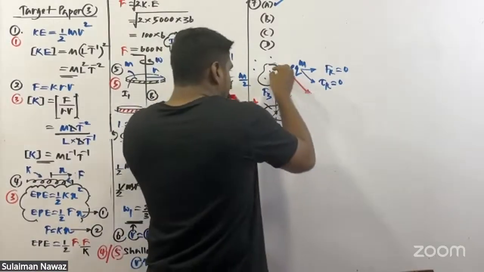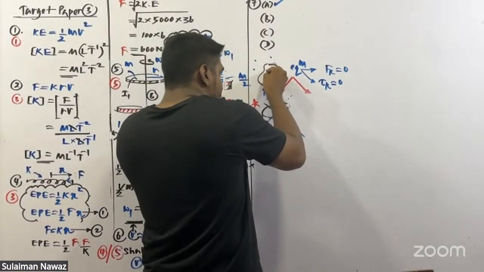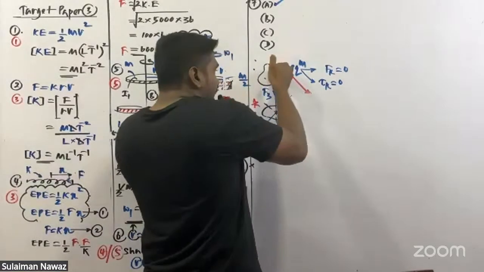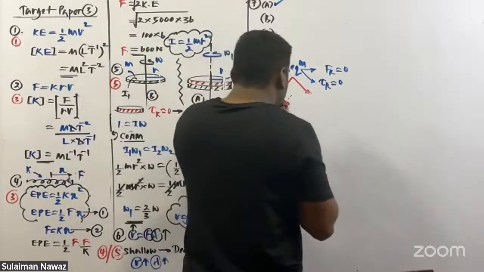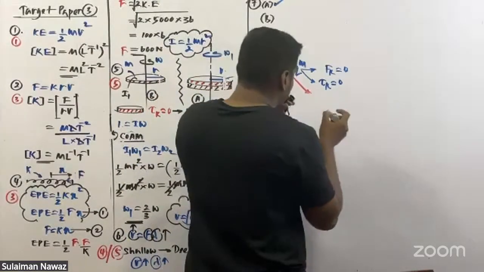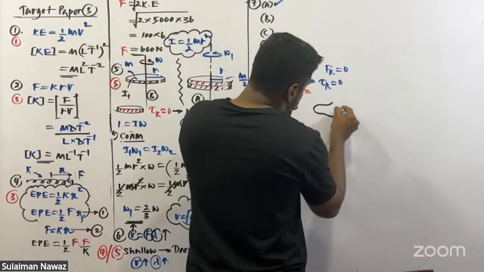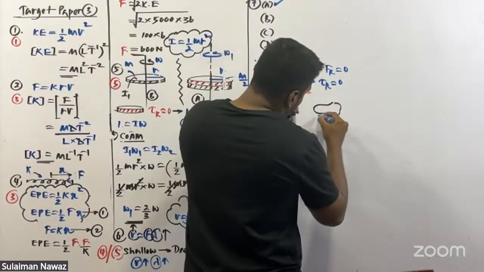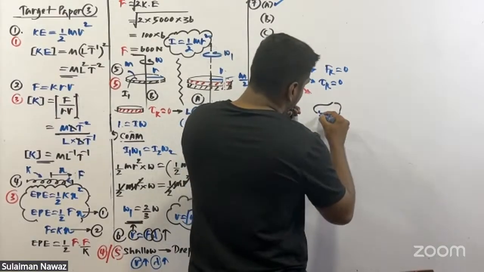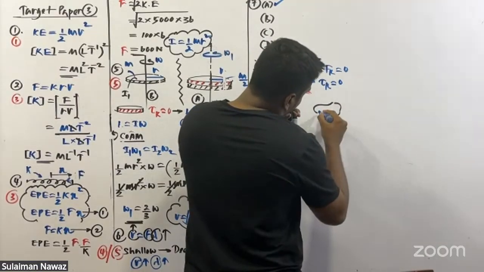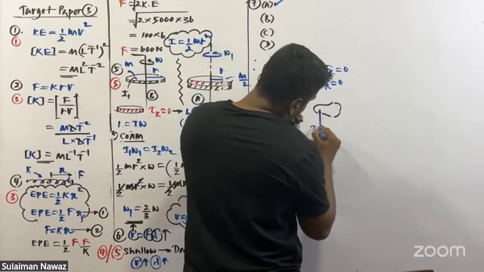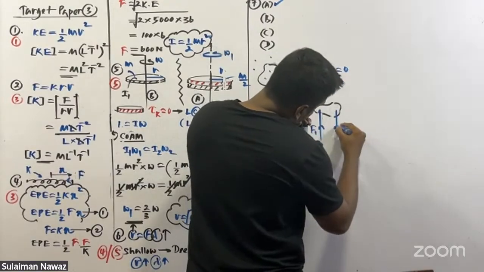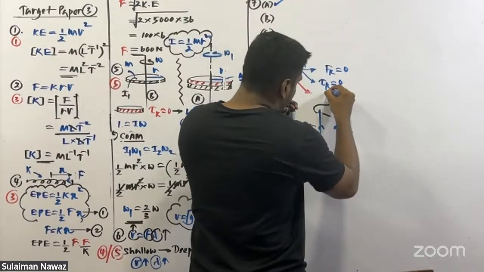Then the other possibility: this object under equilibrium with three coplanar forces can be in equilibrium due to three parallel forces. The same object can be under equilibrium with three parallel forces. Let's see, this force is F1, parallel, this one is F2, and another force acting on this object, F3.